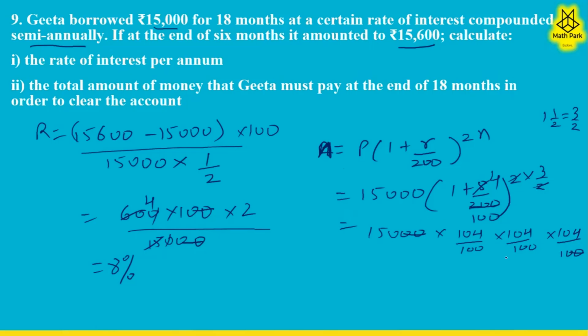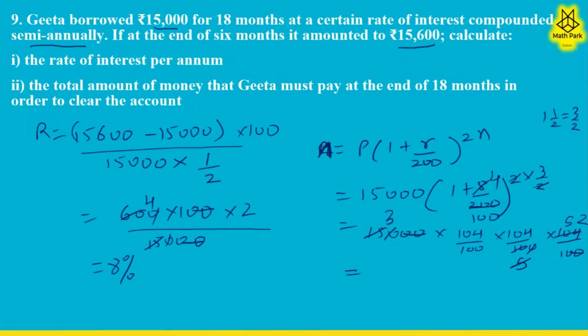Simplify, you cut these many zeros. Further, if I divide by 2, I get 52. Again dividing by 5, I get 5 3s are 15. So what is left in the numerator? We have 104 into 104 into 52 into 3.